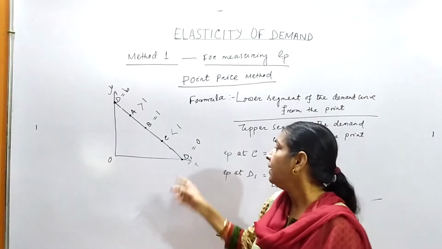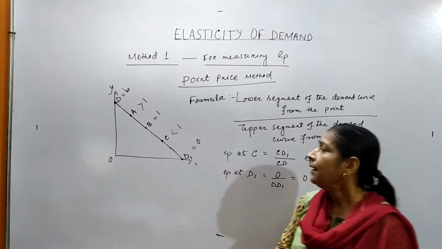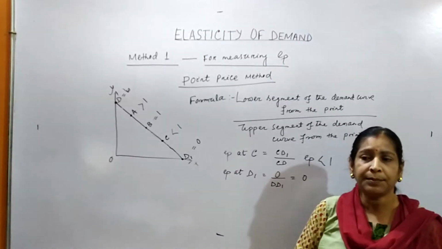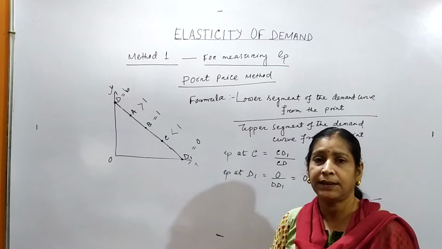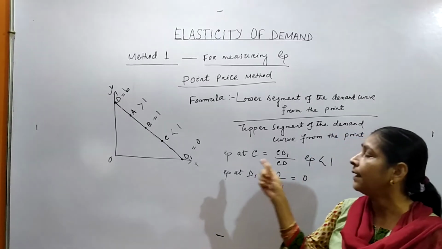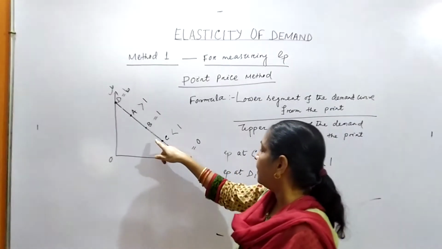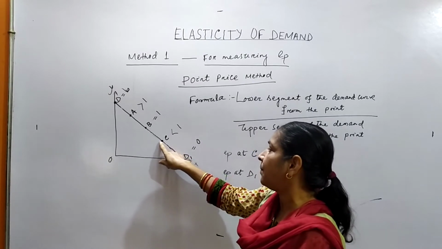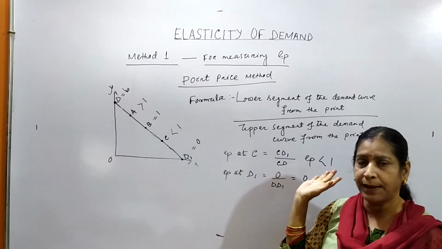Friends, I have told you this method is applicable only in the case of infinitely small change in price and quantity demanded. If the change in price and quantity demanded is infinitely very small, then we can apply this formula. So, you see here, this is a point. At a point, the change in price and quantity demanded is obviously very small.